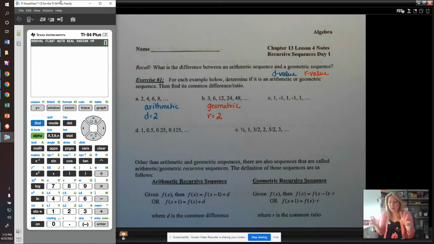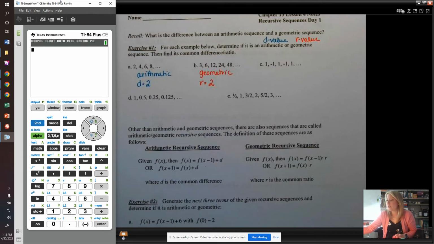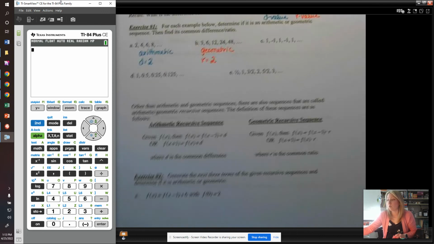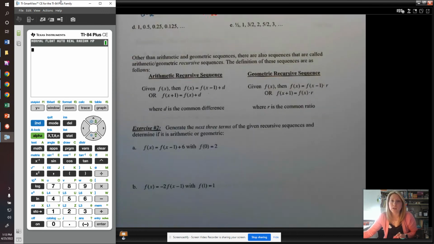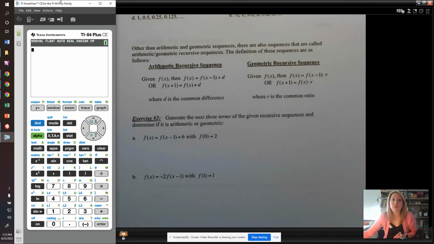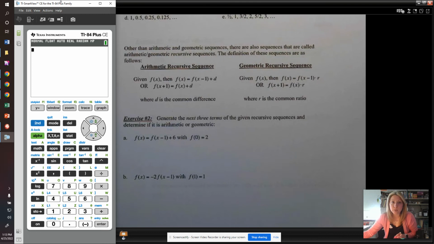Since we had just gone over that in Lesson 3, I'm going to keep going, but that's just a review of how we started talking about sequences, defining them as arithmetic versus geometric. Recursive sequences are different in that they use the term directly before to figure out the next term.